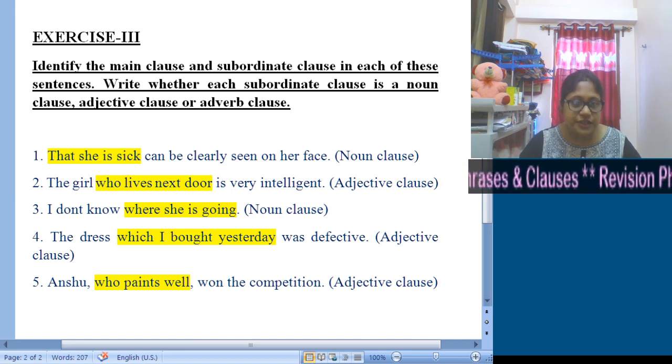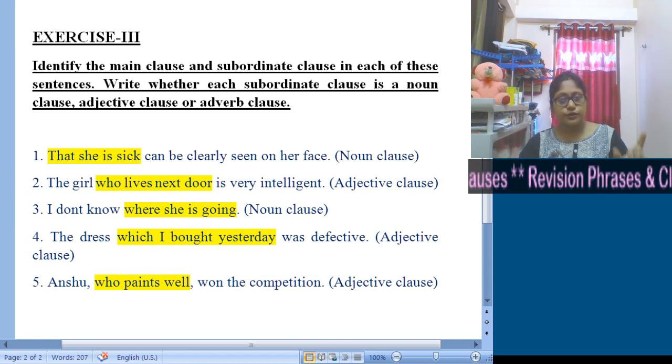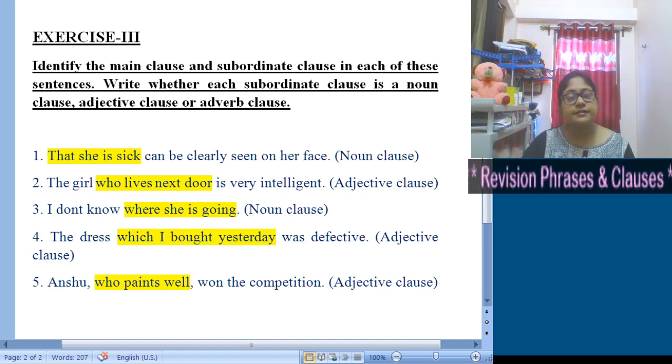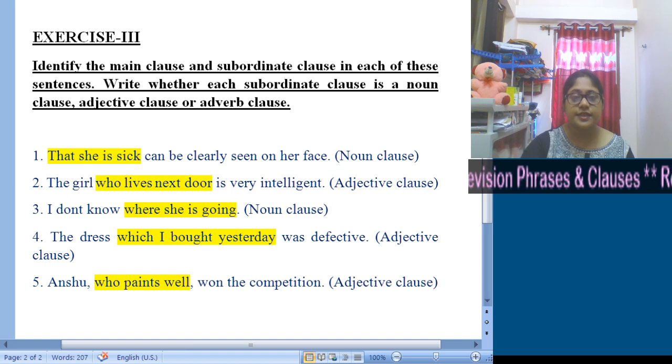The first sentence is, that she is sick can be clearly seen on her face. So that she is sick is the subordinate part, and it is the subject of the verb. If we ask the sentence a question with the word what, what can be clearly seen on her face? The answer is that she is sick. So it is obviously a noun clause.